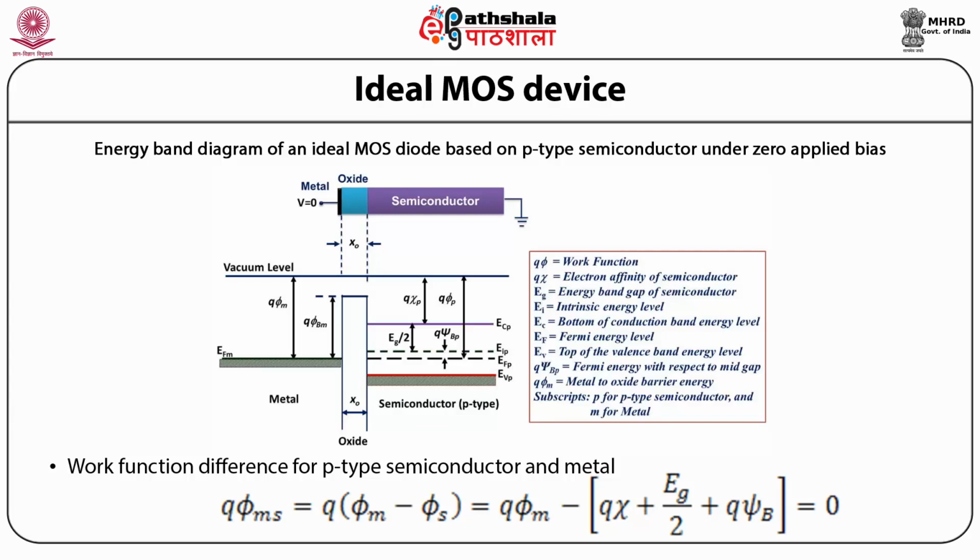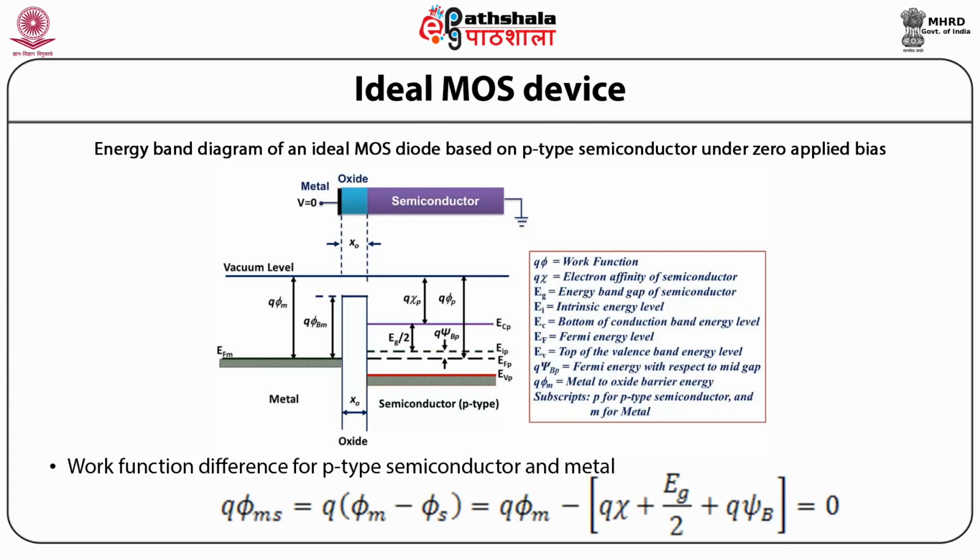The only charges that exist in a diode under any biasing conditions are those in the semiconductor and those with equal but opposite sign on the metal surface. There is no carrier transport through the oxide under DC biasing conditions, or the resistivity of the oxide is infinite.